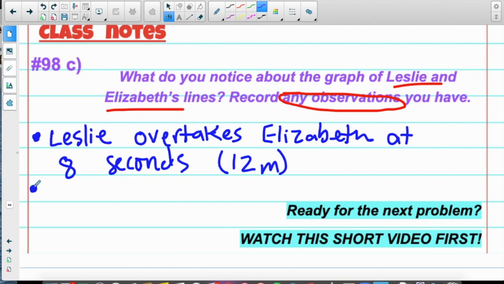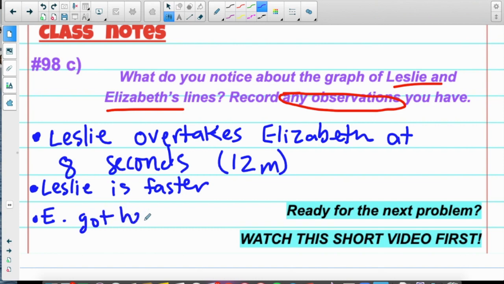I'm also going to write that Leslie is faster. I'm going to write Elizabeth. I'm just going to write the E. Elizabeth got a head start. But between these two, it looks like Leslie won.